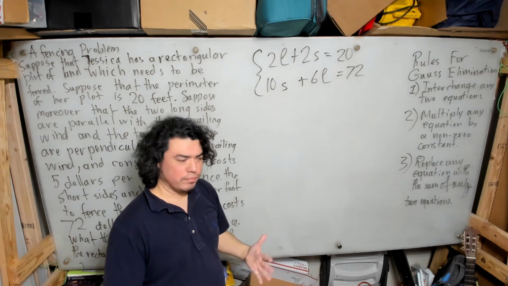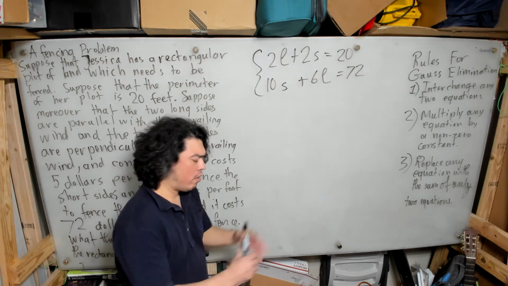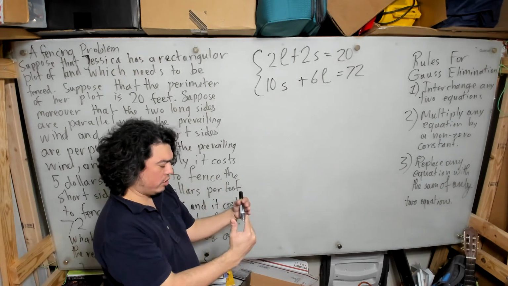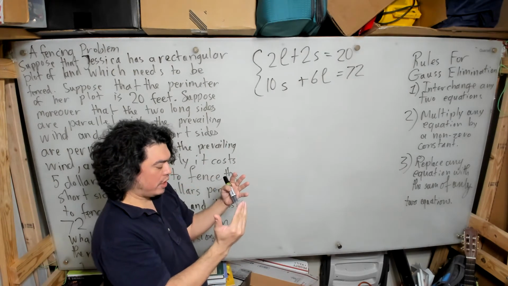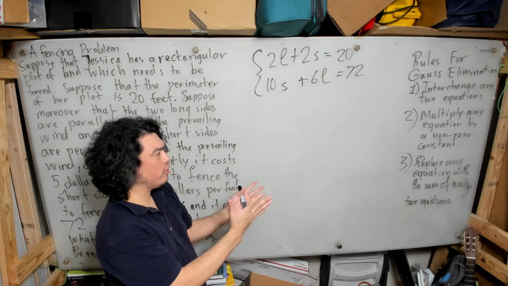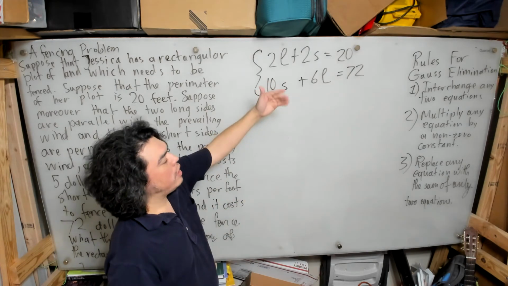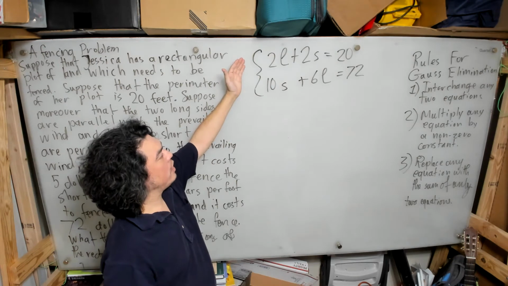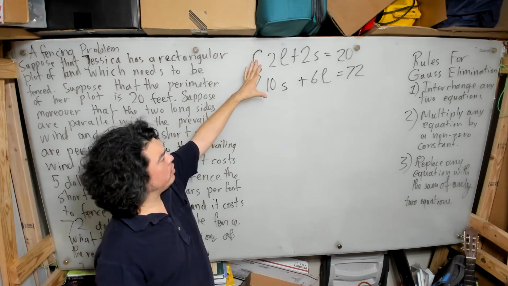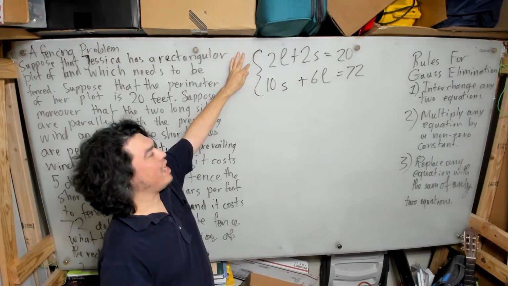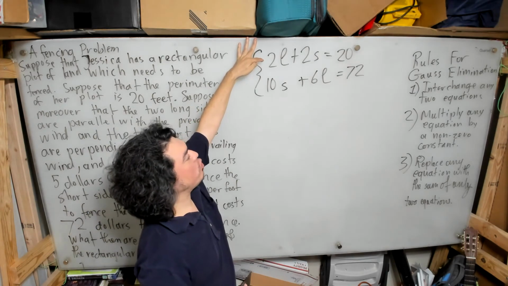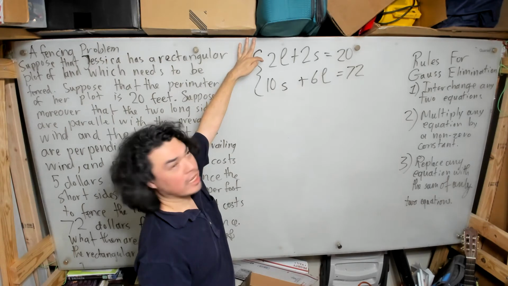So now the key question that I know you guys are all thinking is, well, David, how do we use these rules to solve this system? And here's the way we're going to do it. I look at the system as written, and I say to myself, aha, what if I multiplied this first equation by -5?